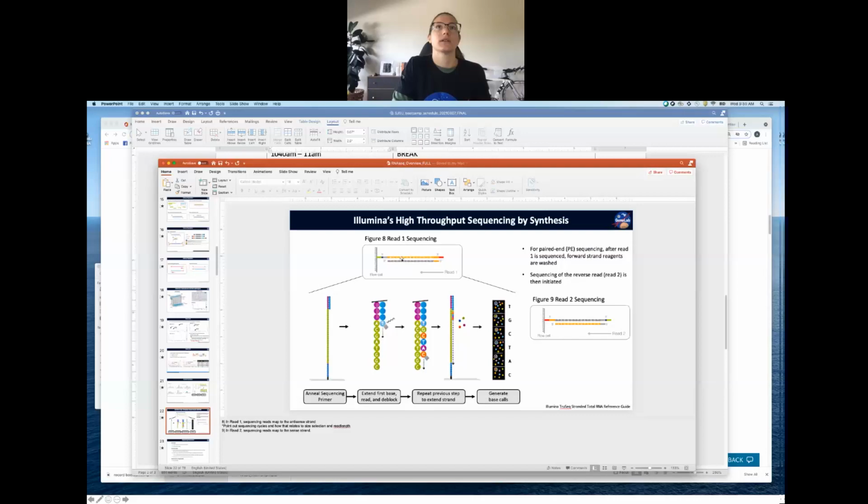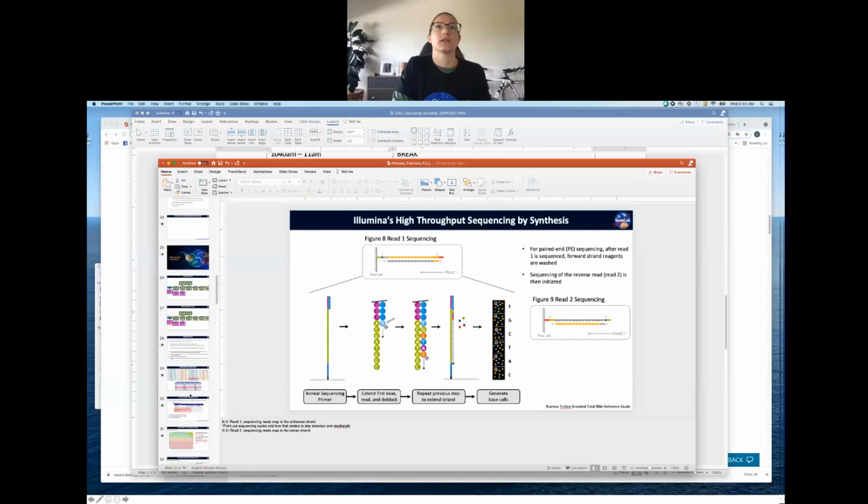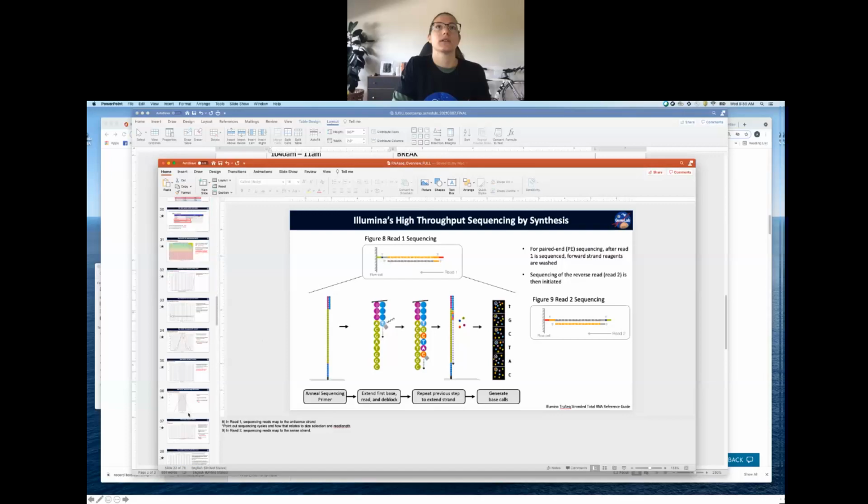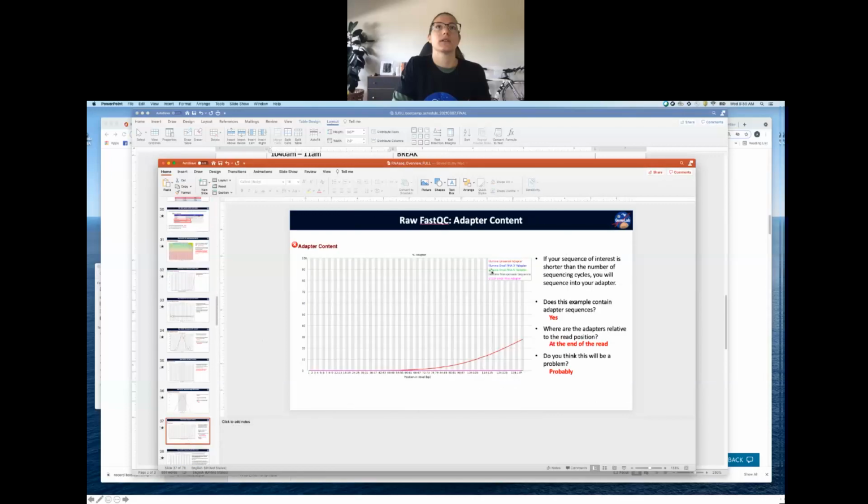So it'll sequence your insert for the first 100, and then it'll sequence into the adapter. And so that will show up, and the FastQC program is designed to detect common adapters. And so you all noted that we see universal adapters in some of our reads here.